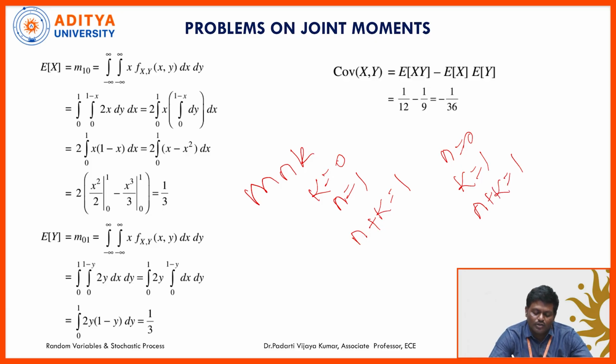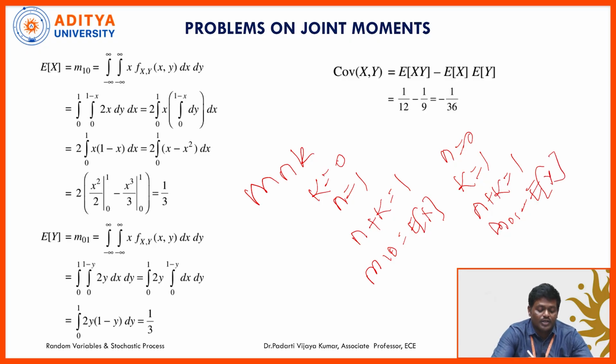Here the case m10 is E of x, and the case m01 is E of y. Substituting, E of x is 1 by 3, and E of y is 1 by 3. The covariance formula is E of xy minus E of x into E of y, which is 1 by 12 minus 1 by 9. We will get minus 1 by 36.